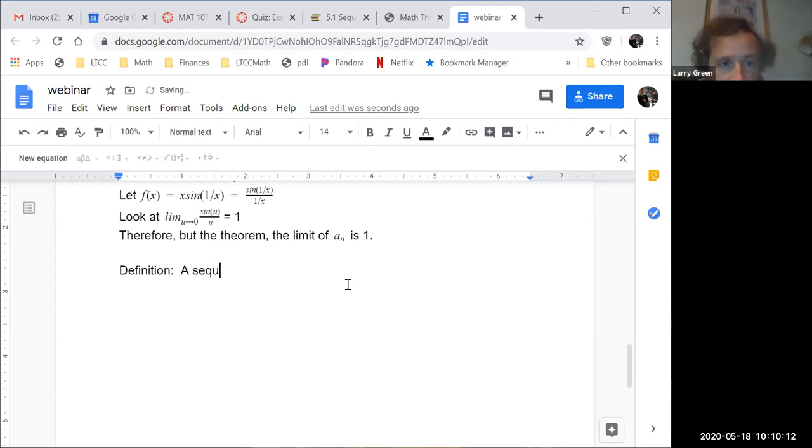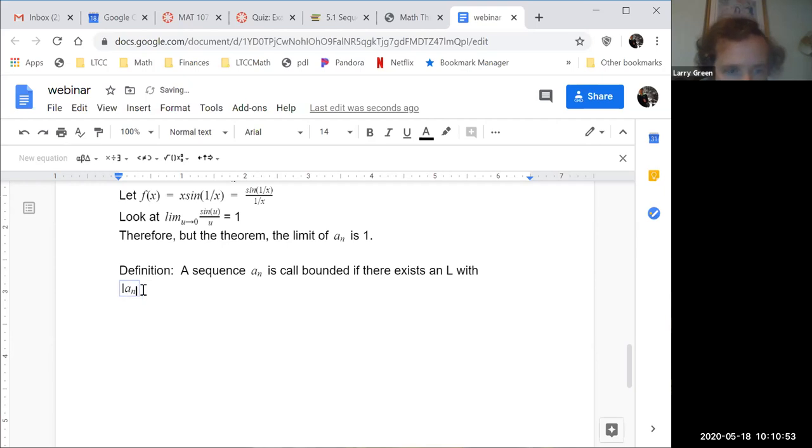A sequence a_n is called bounded if there exists an L with the absolute value of a_n less than L for all n.